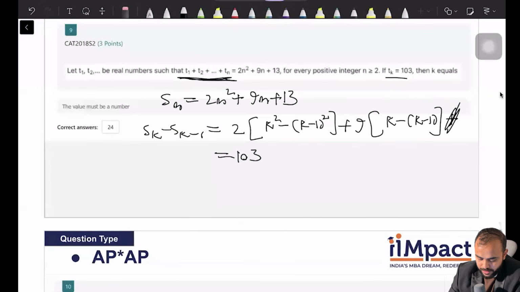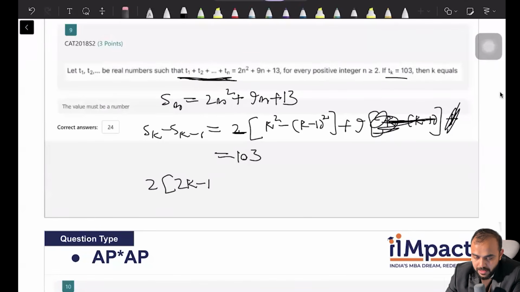This is equal to 103. Now k minus k minus 1 is going to be equal to 1. So this is 9. And this is 2 times k plus k minus 1, that is 2 into 2k minus 1, into k minus k minus 1, which is 1. So 2 into 2k minus 1 plus 9 is equal to 103.